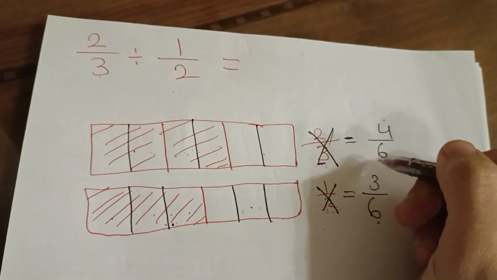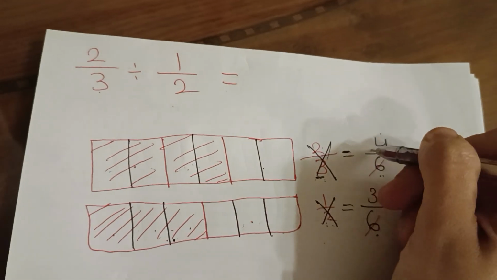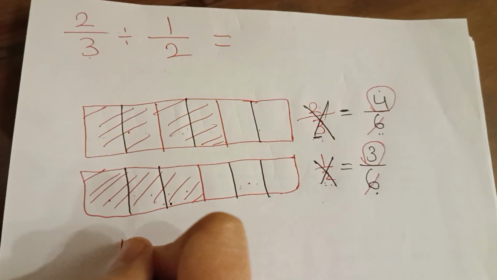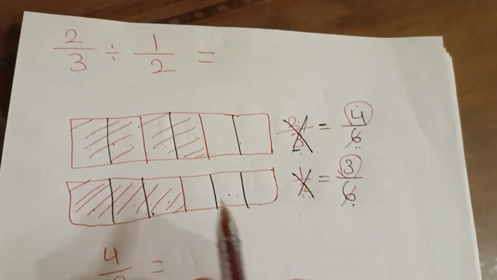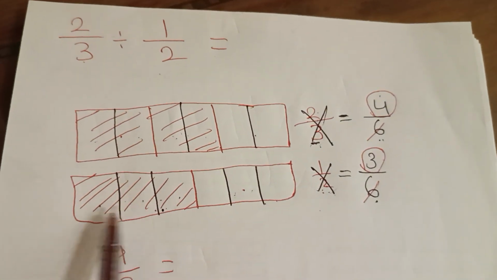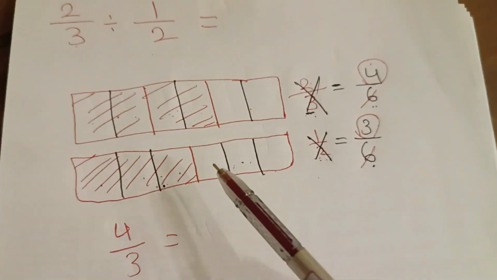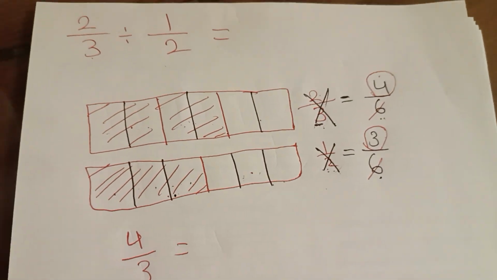To make my division, I can cross out these 6 and 6, take the number up over the number up, and now it will be 4/3, because 4 parts will be divided by these 3 parts, or divided into groups of 3 sixths.